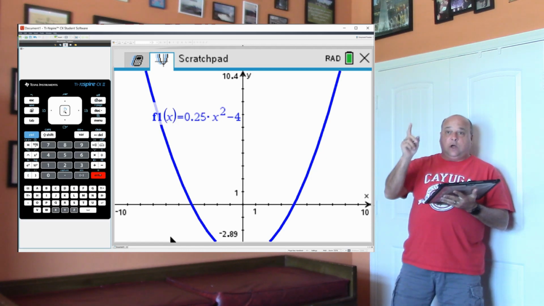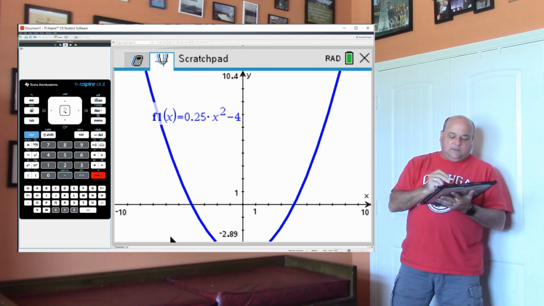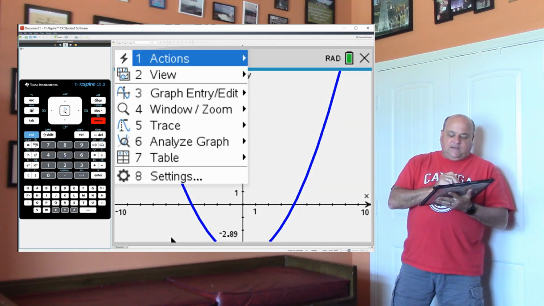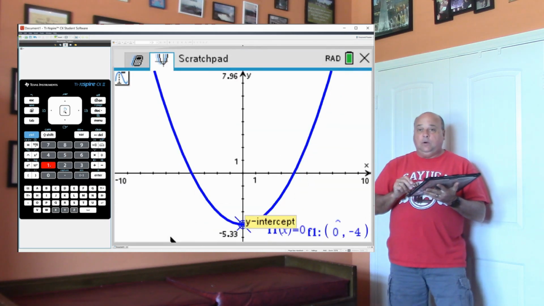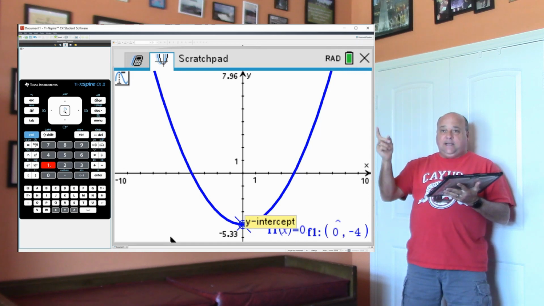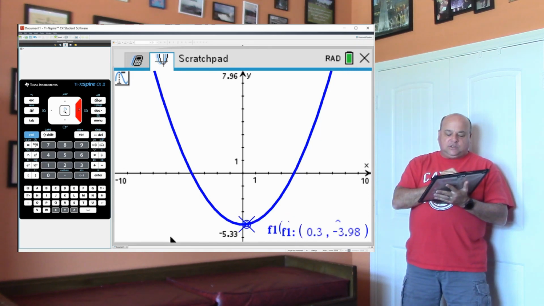Notice that the vertex is on the 0, so my zeros are going to be the same thing. So menu, trace 5, graph trace 1, and notice that 0, negative 4, that's my y-intercept, that's my minimum, and I'm just going to hit the right arrow button, and it looks like it's going to be 4.